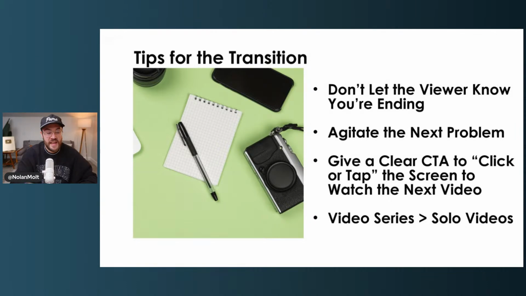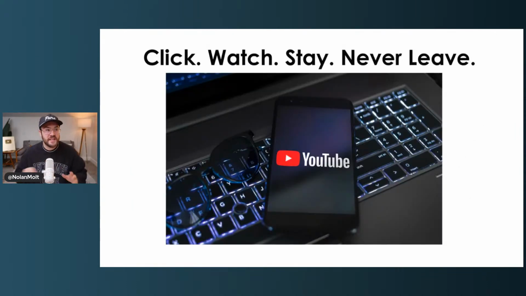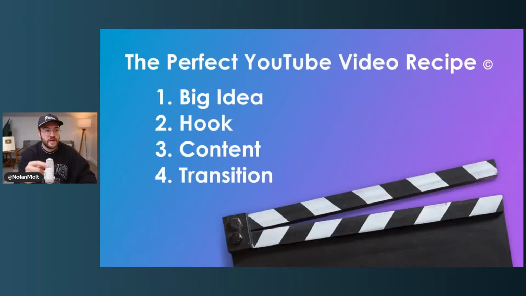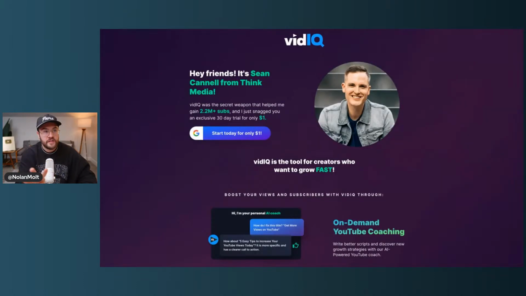And that's amazing. So again, click, watch, stay, and then never leave. That's the goal that you want to use. That's what YouTube is promoting, and that's what you want to focus in on. So that's the perfect video recipe. Those are the 4 ingredients of the video recipe.